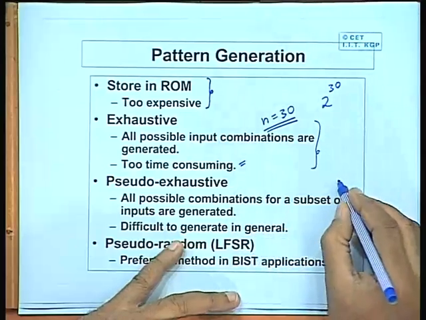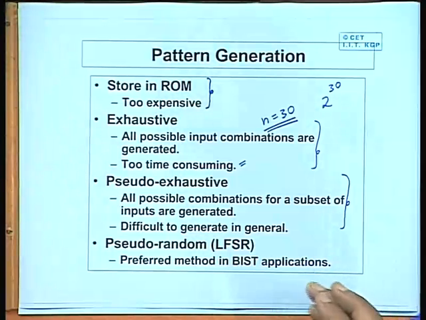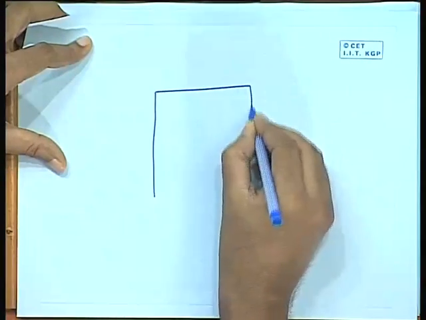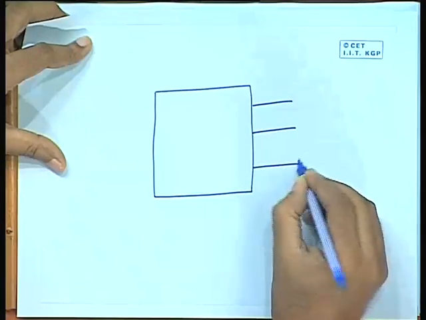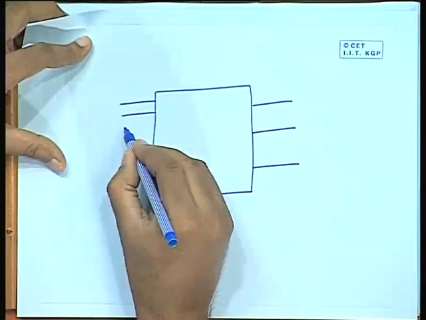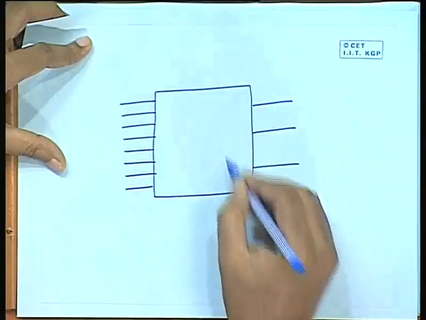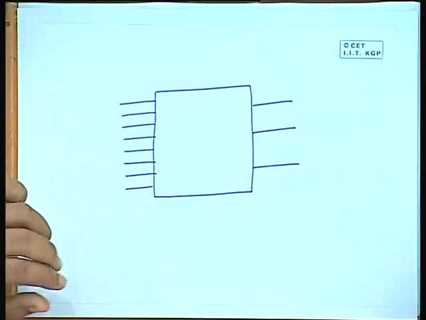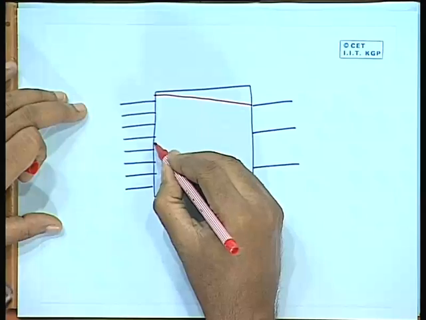Now, the third method, this also many people have proposed. This is something called pseudo exhaustive. Pseudo exhaustive is something like this. Say I have a circuit. Say my circuit has 3 outputs. There are several inputs. Okay? Now, by analyzing this circuit structure, we can find, say for example, that output number 1 is dependent on only these set of inputs.